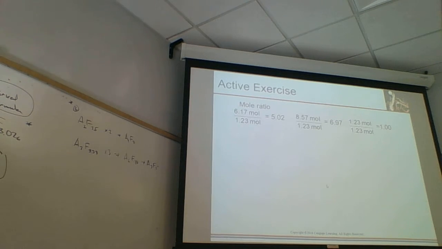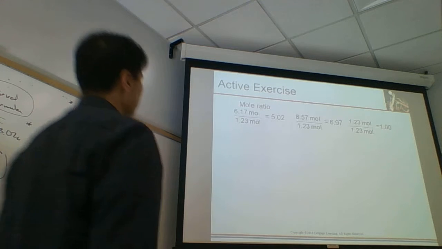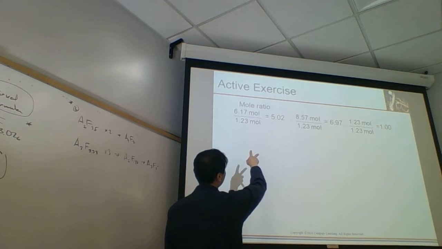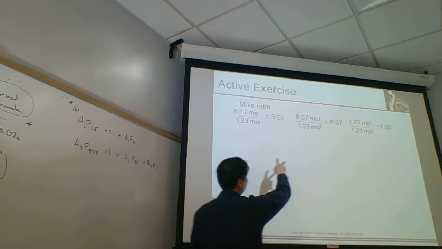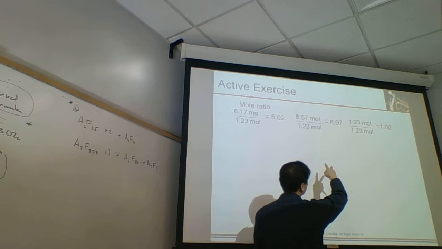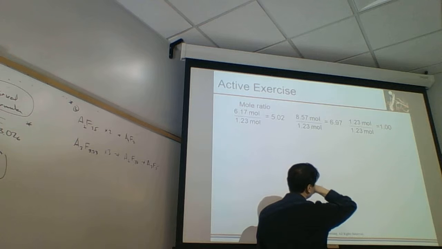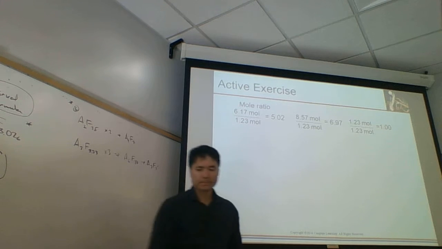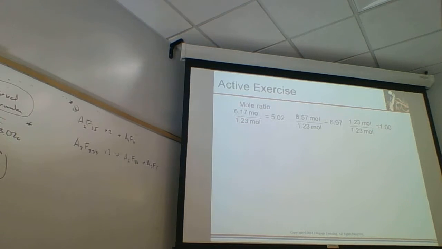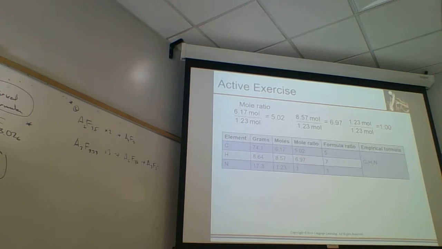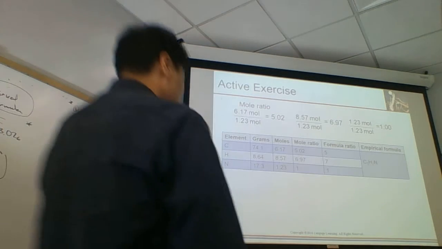When we divide by the smallest, we get about 5 C's, about 7 H's, and about 1 N. So the formula comes out C5H7N. So now that's the empirical formula.